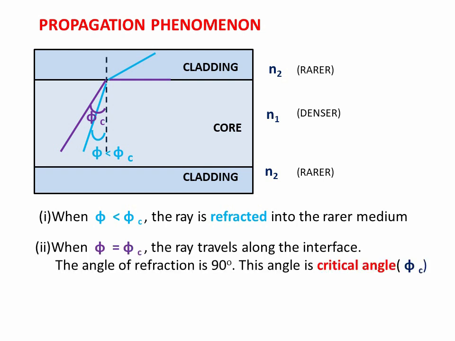So from the concept, we come to the second point. When the incident angle is equal to the critical angle, the ray travels along the interface. The angle of refraction is 90 degree. This angle is the critical angle, denoted by phi c.